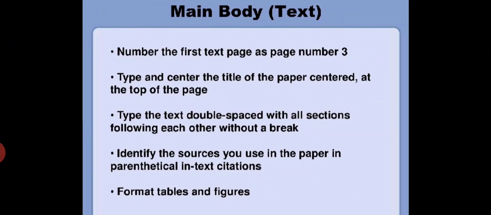Main body, text. Number the first text page as page number 3. Type and center the title of the paper at the top of the page. Type the text double spaced with all sections following each other without a break.